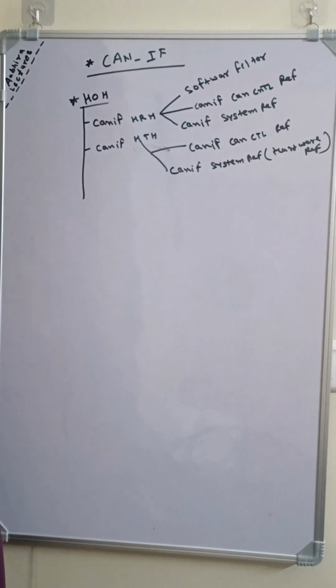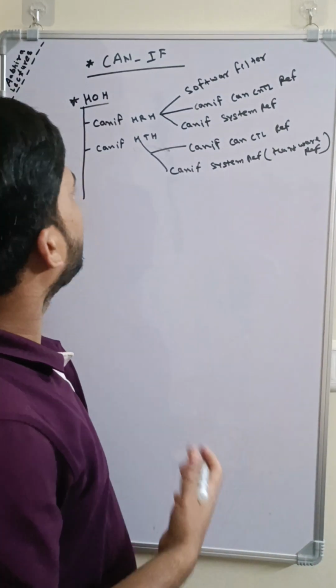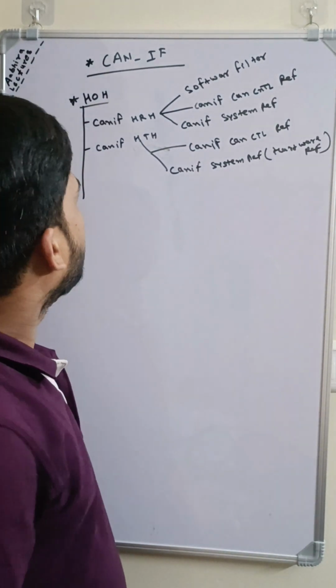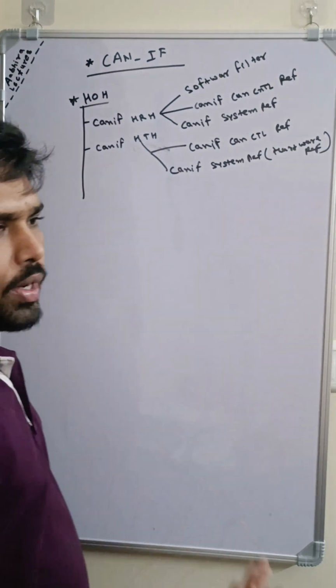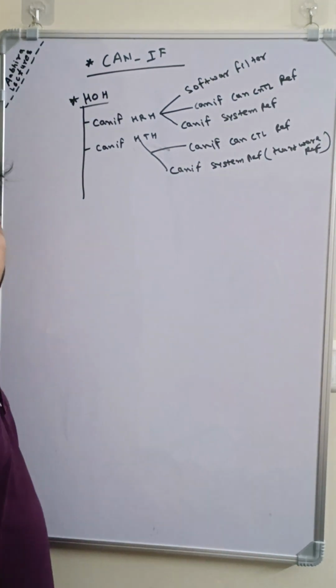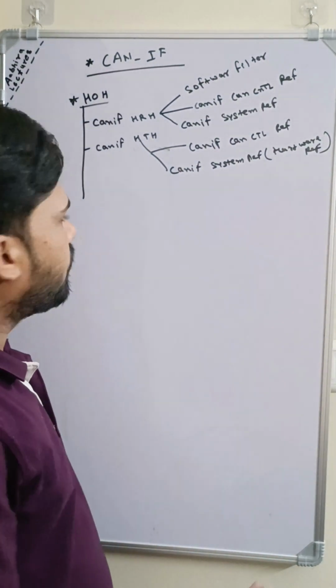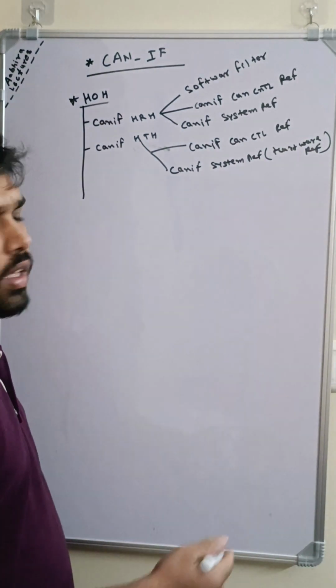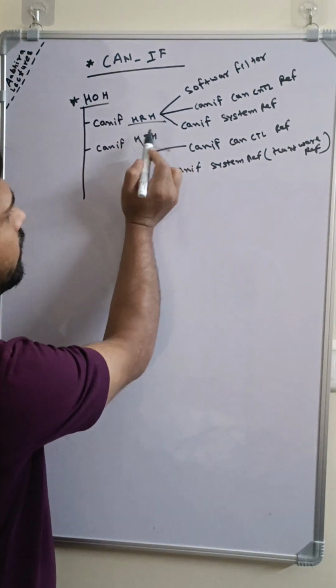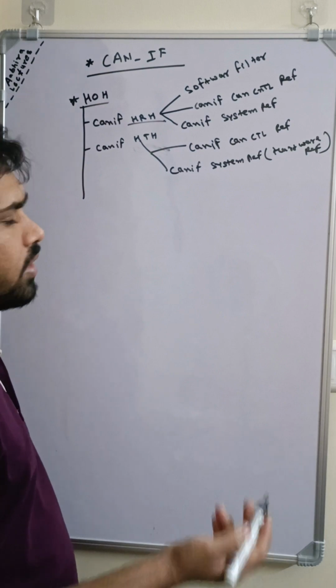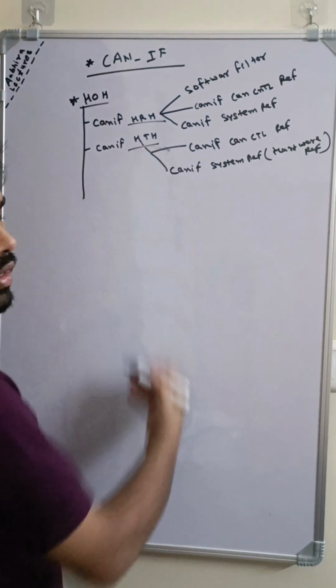So these are the parameters which we have to configure in the HRH and HTH. It depends upon the message direction which we are going to configure. If you have to configure an RX message, we have to configure HRH. If the message is TX, then we have to configure HTH.